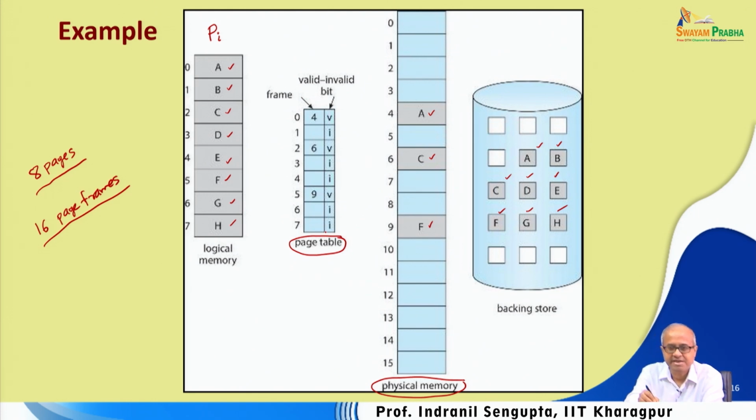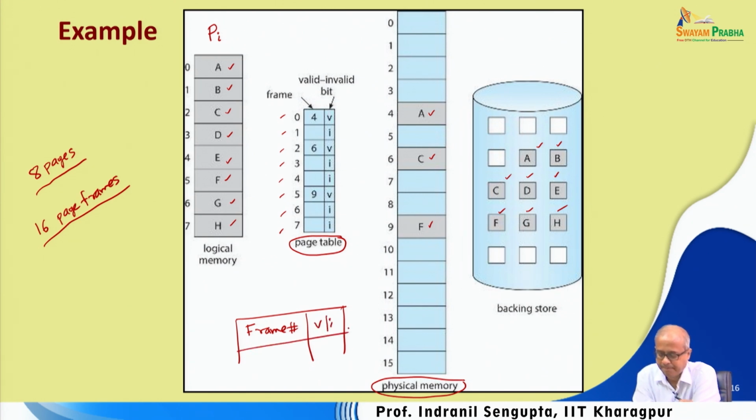You see the page table, you can understand how this information is maintained there. Since the process contains 8 pages, there will be 8 entries in the page table. The entries are indexed by the page number. And as I said, page table will contain 2 entries: one is the frame number and the other will be the valid invalid bit. So, you see only 3 entries have valid frame numbers corresponding to the pages which are currently loaded.